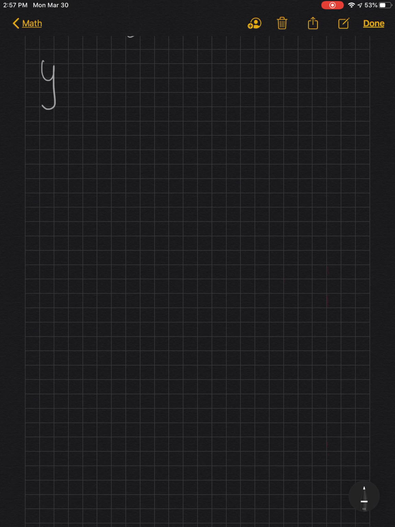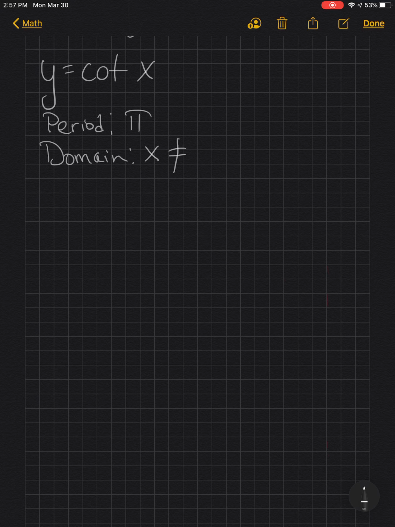All right, so as soon as you see a cotangent function, you're going to start the same way that you do with tangent. You're going to define the period, which will be pi, or pi divided by b, whatever b may be, the number in front of x. You're always going to divide by that, okay? So that's going to be your period. Your domain is going to be what x cannot equal. So what did we say before? What can x not equal?